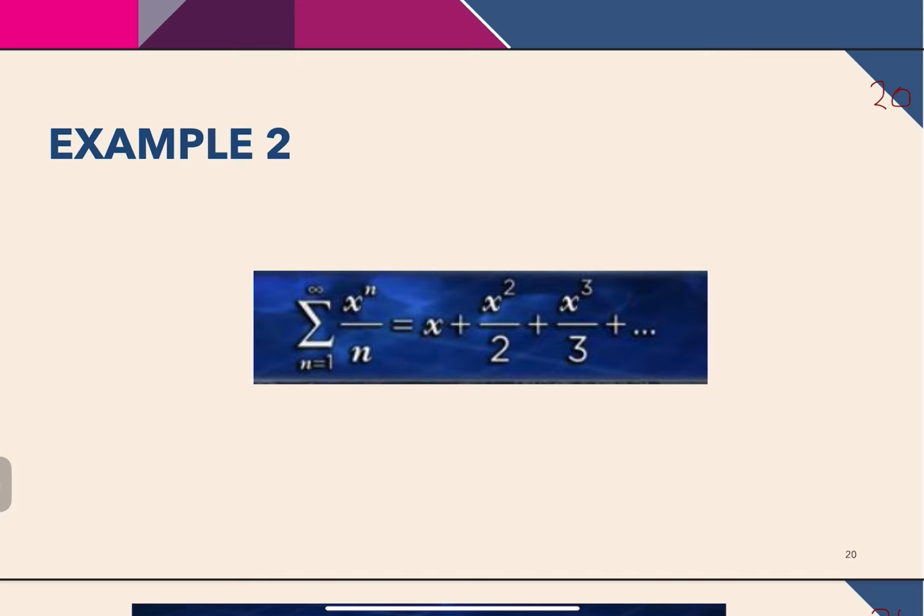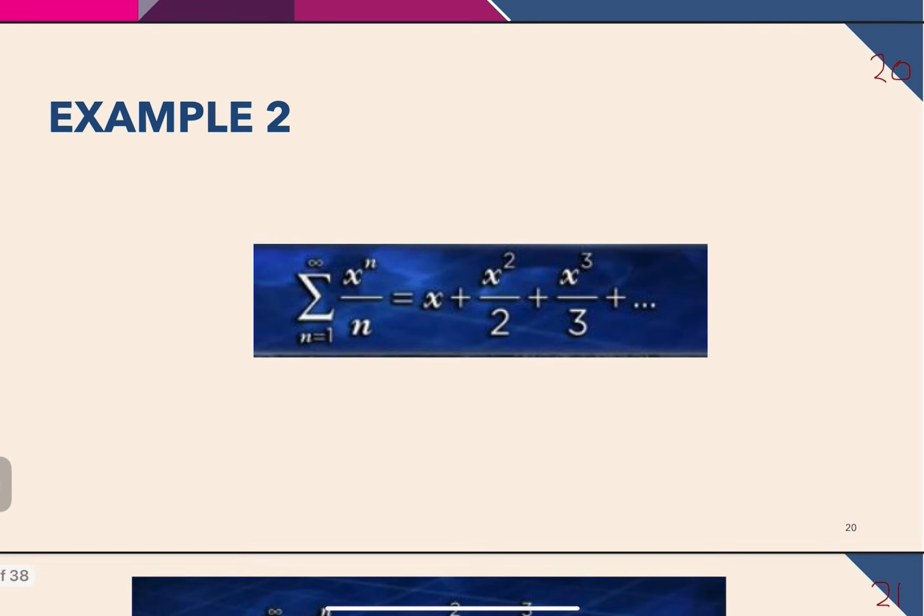When n is 1, x over 1 is x. When n is 2, x squared over 2. When n is 3, x cubed over 3. So it's x plus x squared over 2 plus x cubed over 3 plus x to the fourth over 4, and so on.